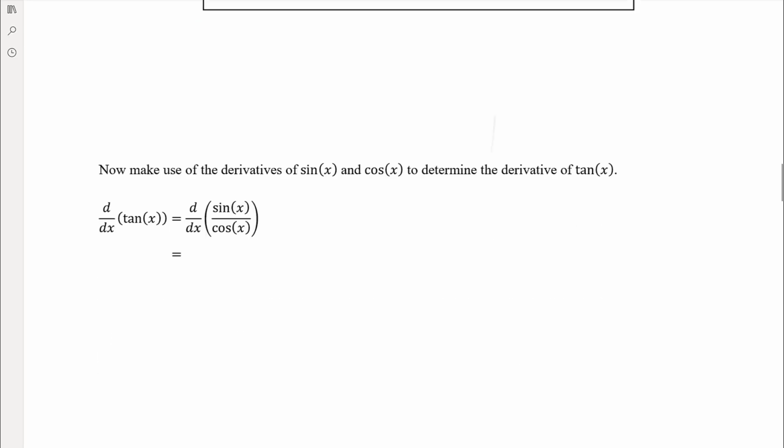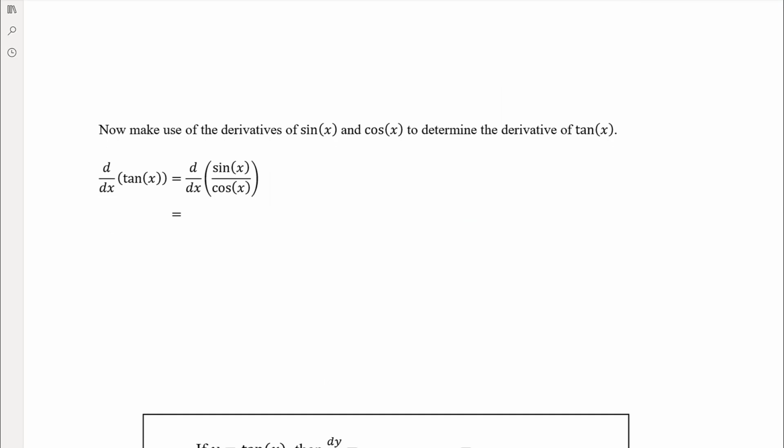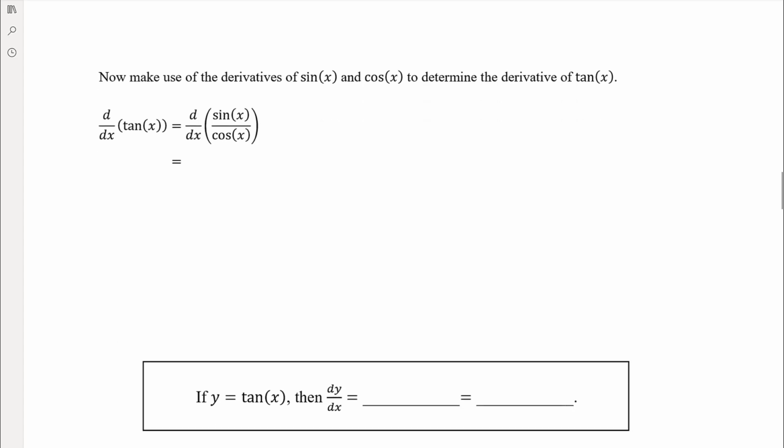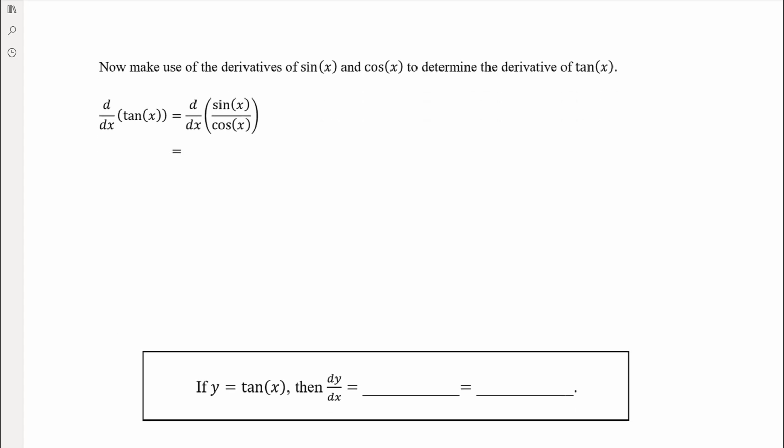Okay, so now we can make use of the derivatives of both sine and cosine to determine the derivative of tan, because we know that tan of x is sine x on cos x. So if we use the quotient rule here, and what we know about differentiating sine and cos, we can find a derivative for tan. Okay, so quotient rule, we differentiate the numerator, derivative of sine is cos, we leave the denominator as it is.